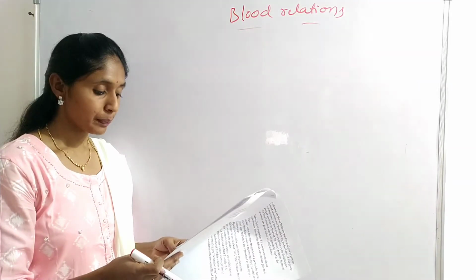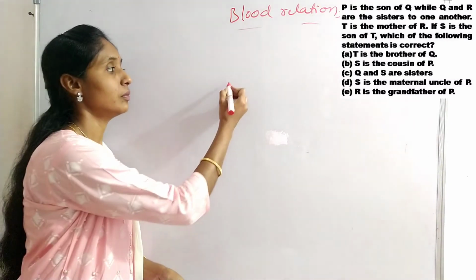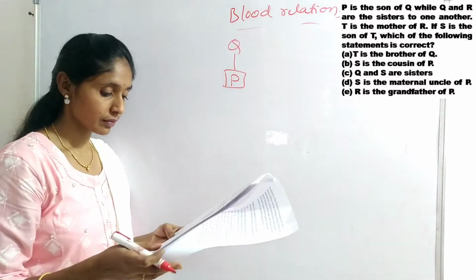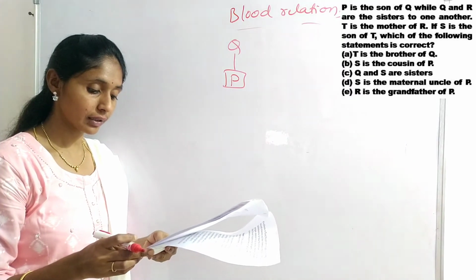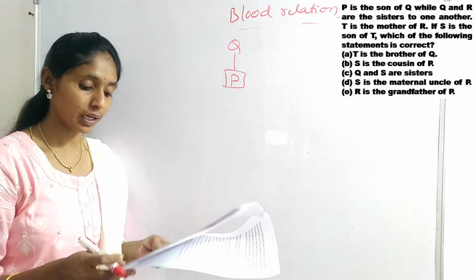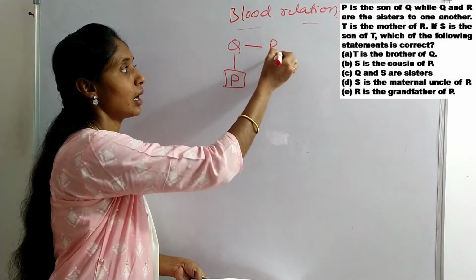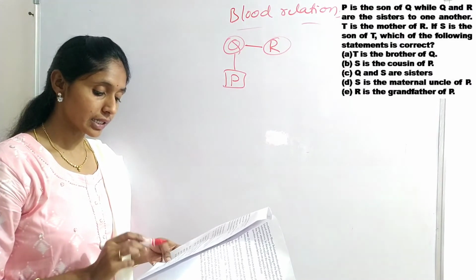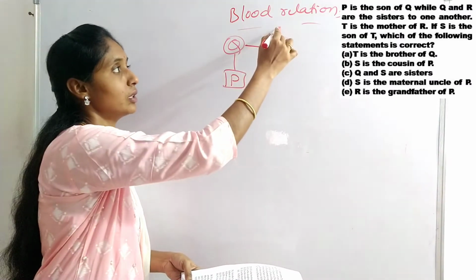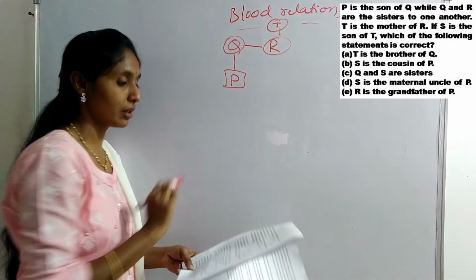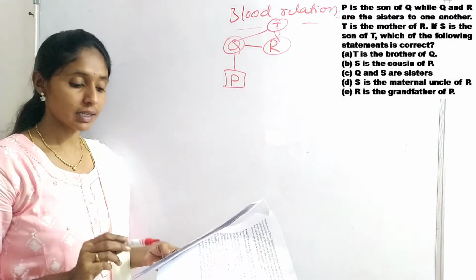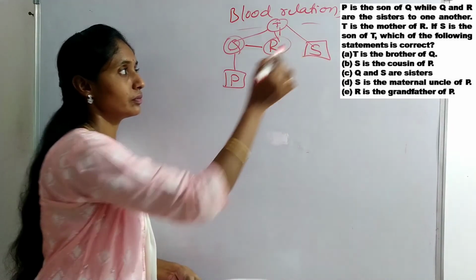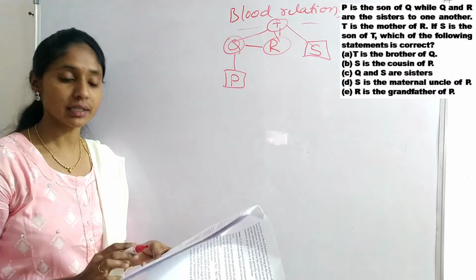Next question. P is the son of Q, while Q and R are sisters to one another. T is the mother of R. If S is the son of T, which of the following statements is correct?